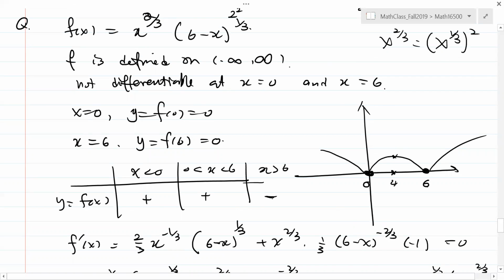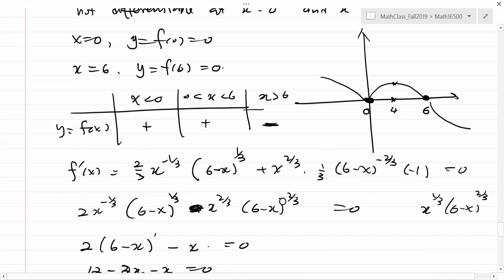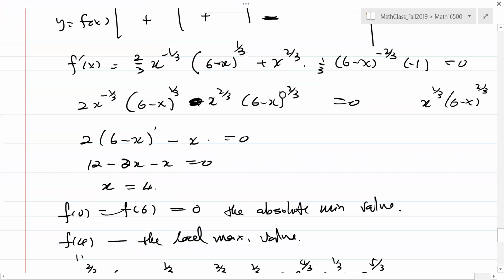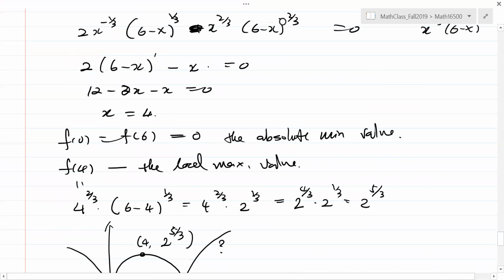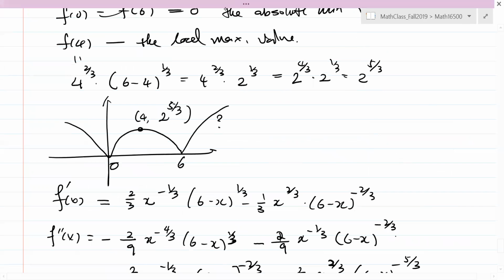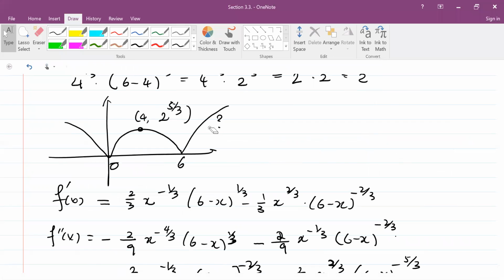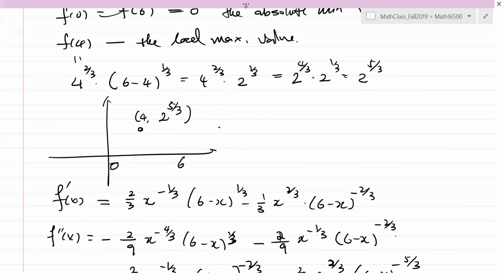I already said negative, but when I drew the graph, I did not draw it below the x-axis. So be careful about the graph. The graph should go below the axis.